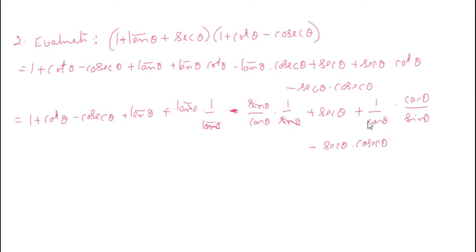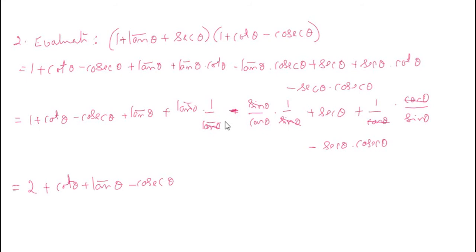So cos cancels here, sin cancels here. So this is 1 plus this 1. So it is 2 plus cot theta plus tan theta minus cosec theta.